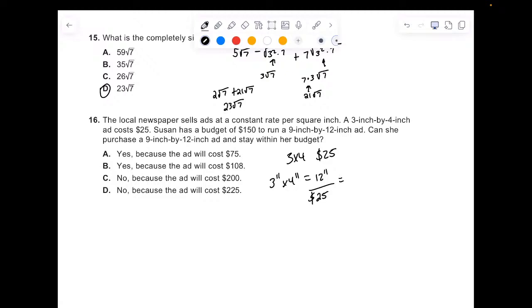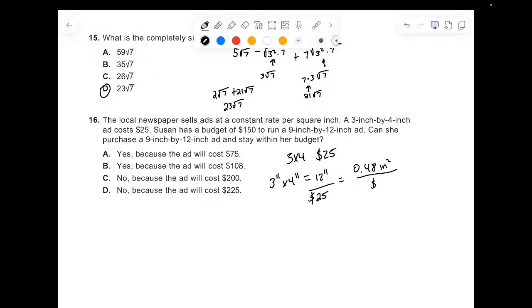Mental math, let's see, that is going to be 0.48. So 0.48 inches per square foot. Sorry, inches squared per dollar. Alright. Now we have something to work with.